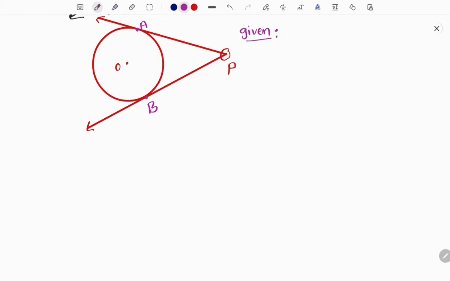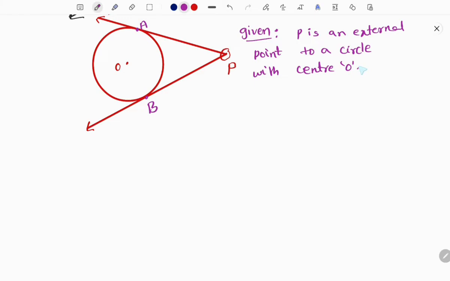P is an external point to a circle with center O. PA, PB are tangents to the circle at A and B.